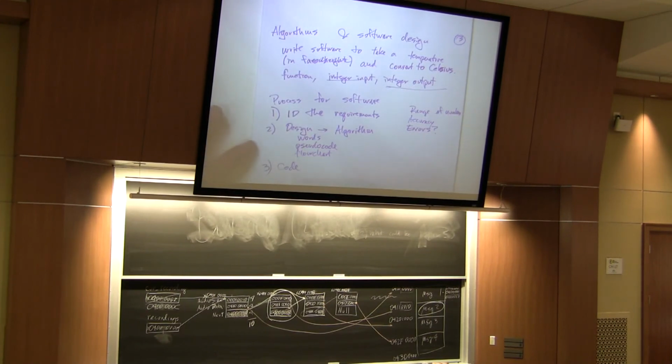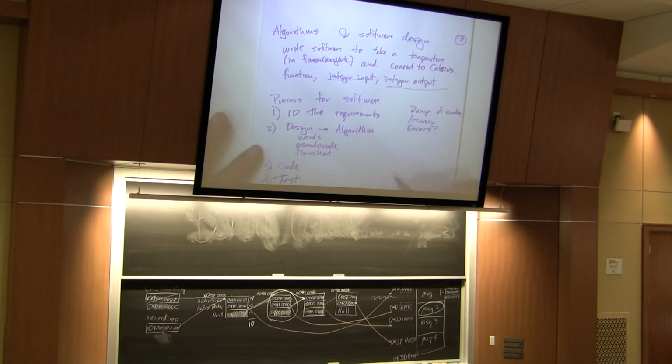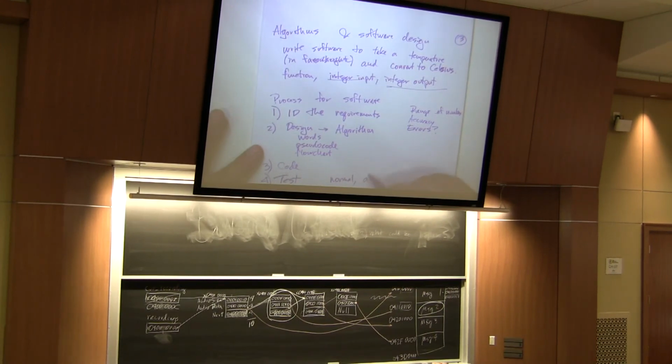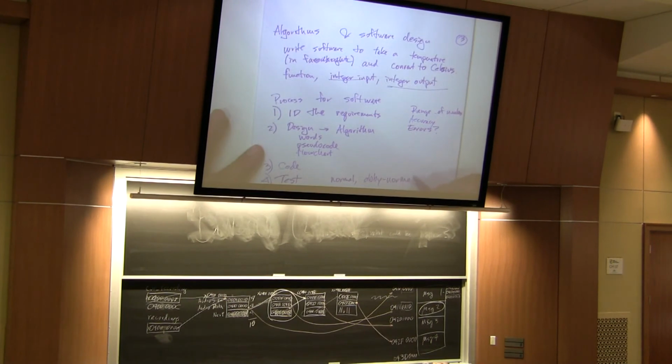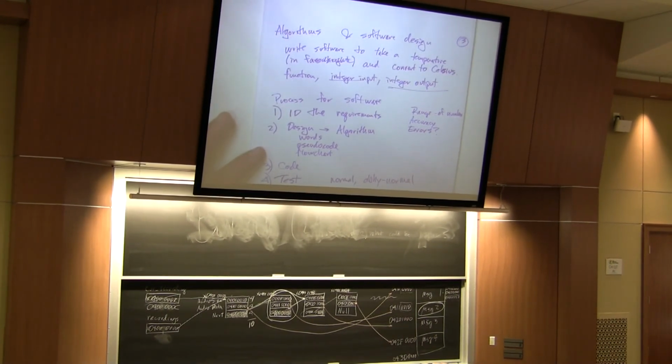And then the fourth thing we do is test. And we test it by doing things like, we put in normal numbers. We put in abnormal numbers. That would be abnormal numbers, right?